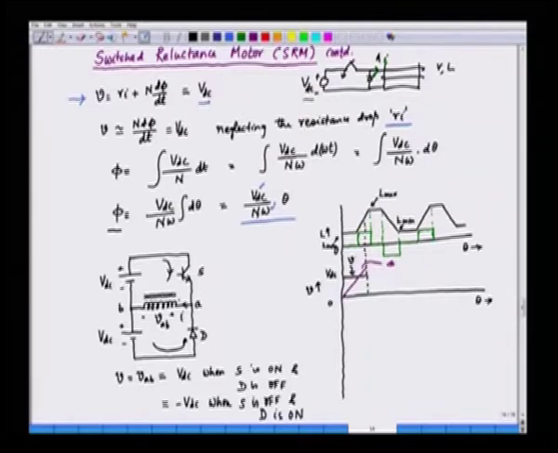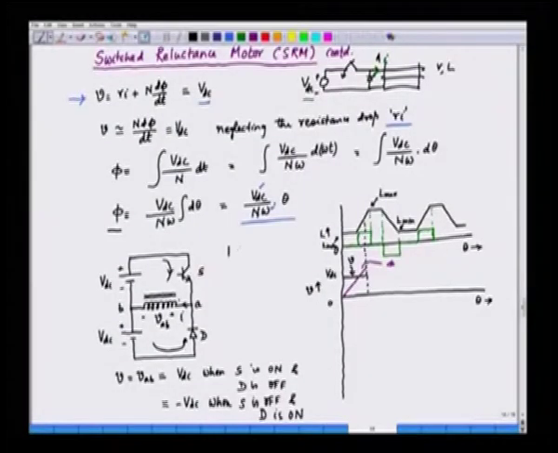And then if we have obtained flux, how do we obtain the current? Ultimately, the current is something that decides the torque. Current can be obtained from the flux, and we know that inductance is flux linkage per ampere.